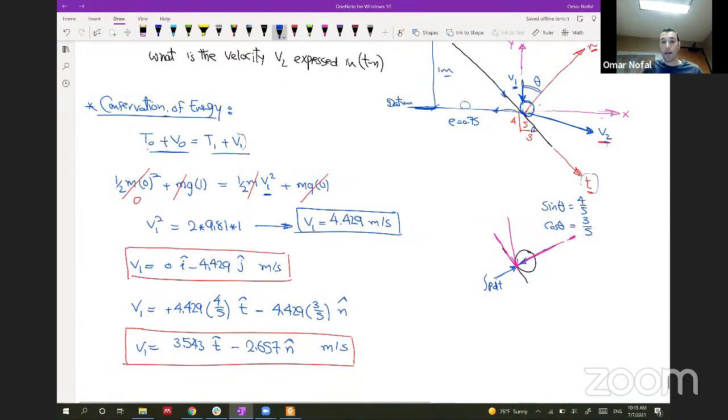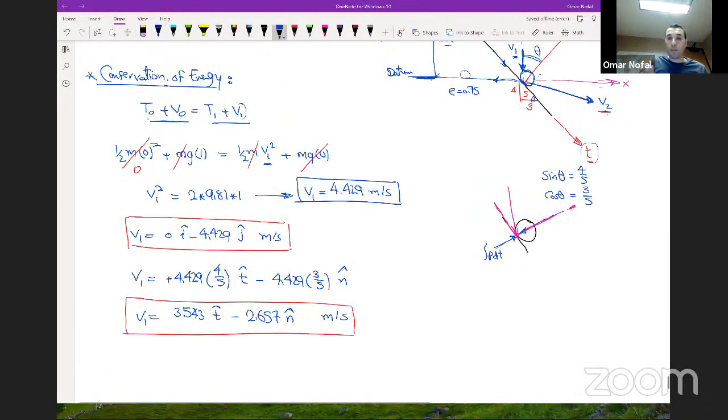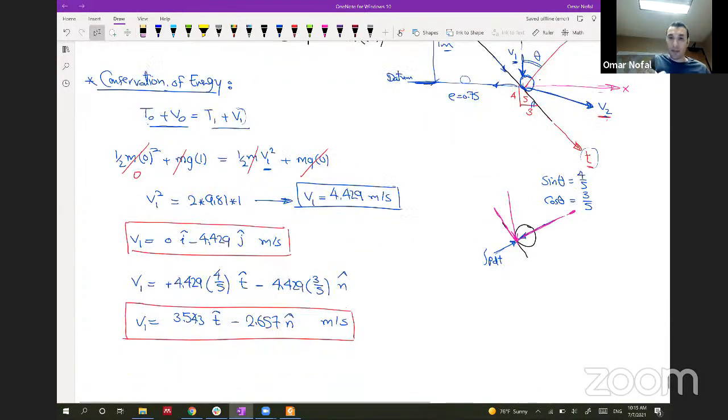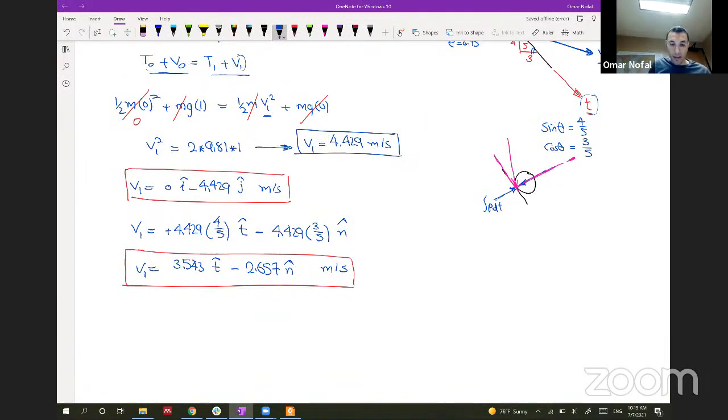And we did this so we can apply the conservation of linear momentum. So let's have here the second part of the problem, conservation of linear momentum.